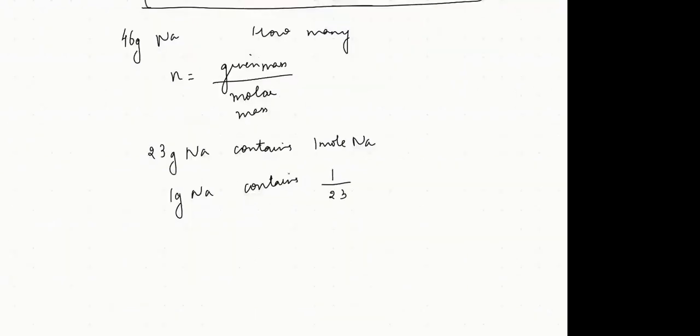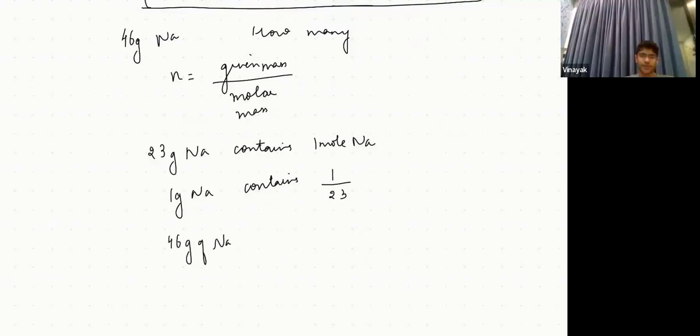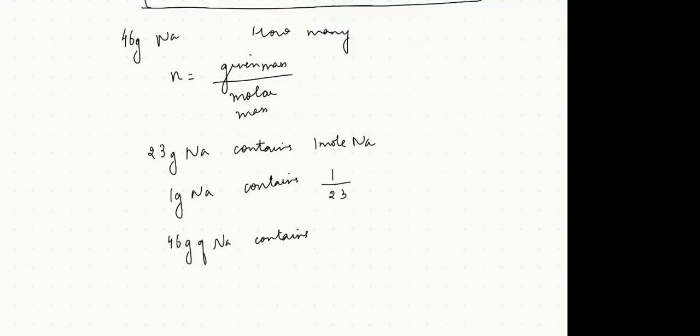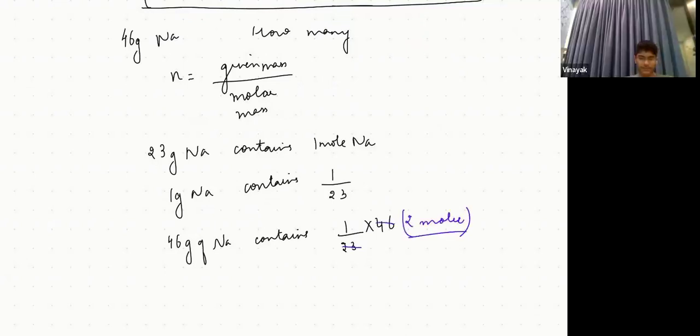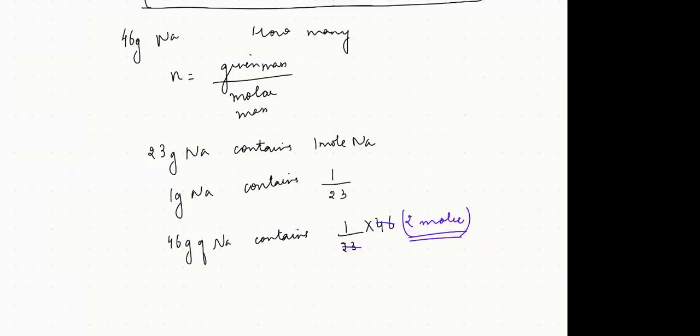So thereby 46 grams of Na would contain 46 upon 23, that is 1 by 23 into 46. So it shall be 2 moles. Got my point?